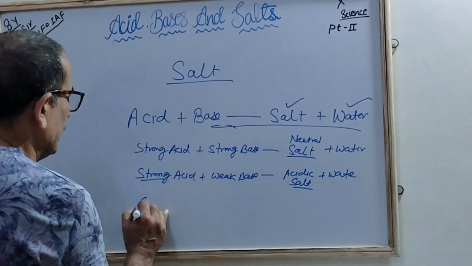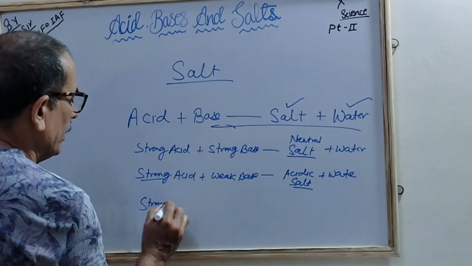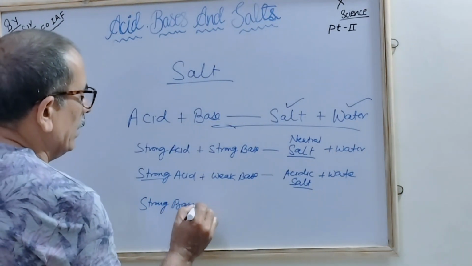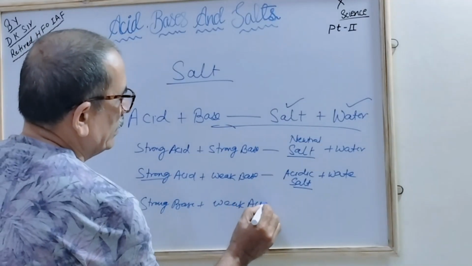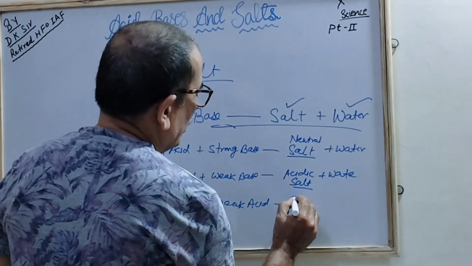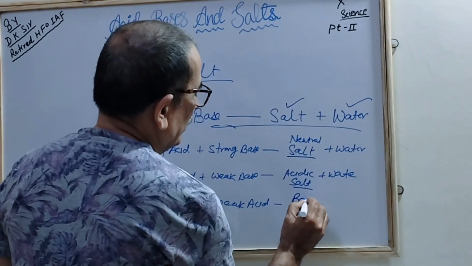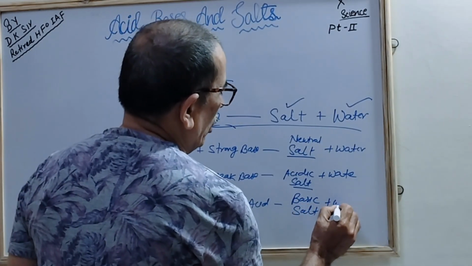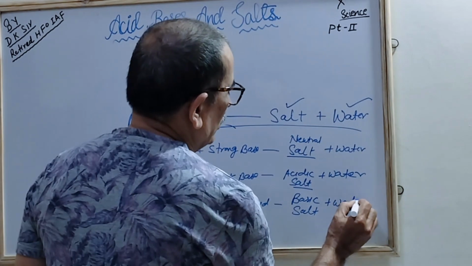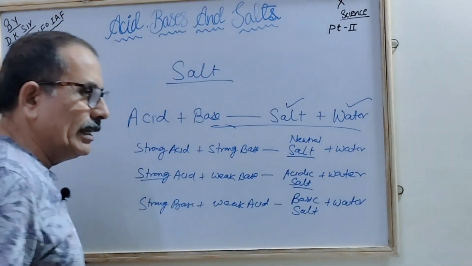If you take a strong base and a weak acid, then it is going to become a basic salt, and plus the water will be there. So I think you understood.